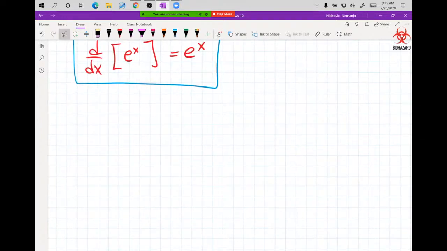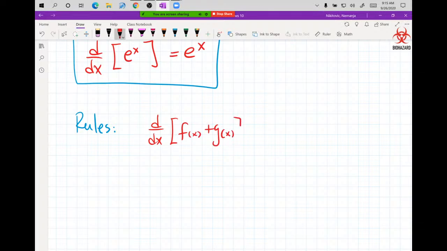And now we have the rules for differentiation, and these are insanely important because they allow you to deal with multiple functions at once. So one rule says that the derivative of f of x plus g of x is, just like limits, right?